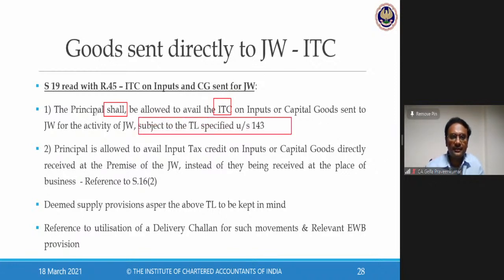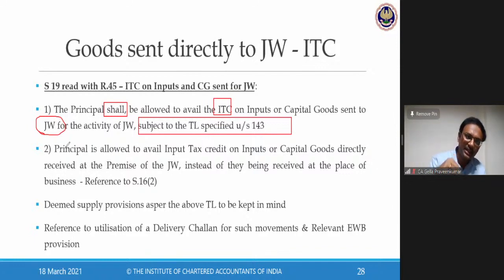So, the goods which have been received by the job worker for job work, though it has not come directly to the place of principal, the principal can avail input tax credit. Now, what is the role of you as a professional, as a chartered accountant, when I advise, when I audit, we need to ensure, look, there's a bill given by a Maharashtra supplier.